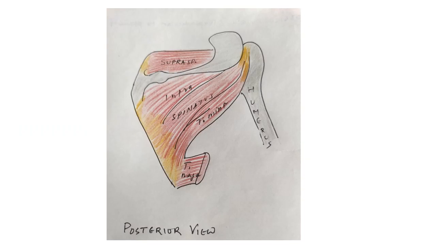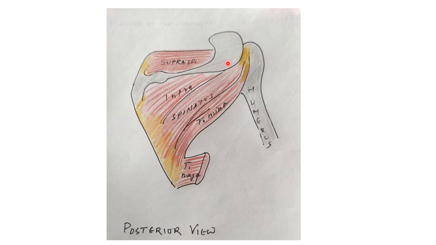This is the same posterior view, in which you can see the origin and insertion of the different muscles whose tendons form the rotator cuff. This is the supraspinatus, this is the infraspinatus, this is teres minor. They arise from the scapula. The supraspinatus arises from the supraspinous fossa. The infraspinatus arises from the infraspinous fossa.